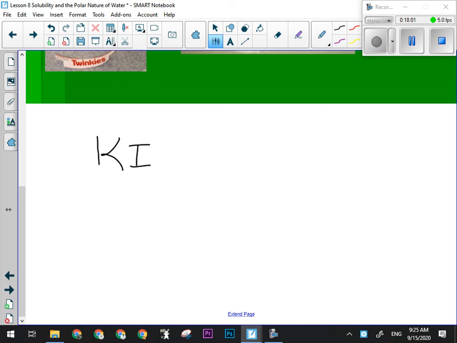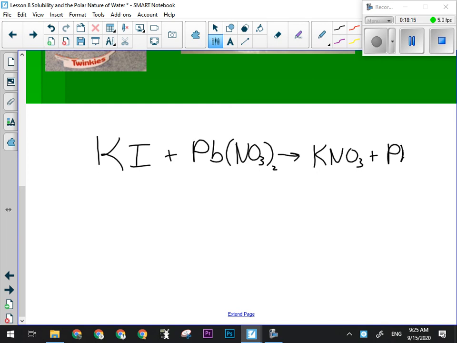If I mix potassium iodide with lead 2 nitrate, my products after the reaction are going to be potassium nitrate and lead 2 iodide. When this reaction starts, potassium iodide is a clear solution.